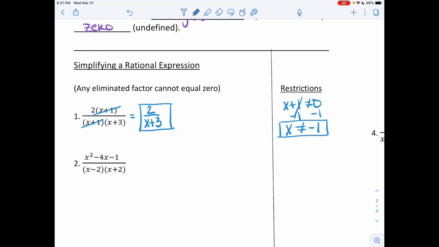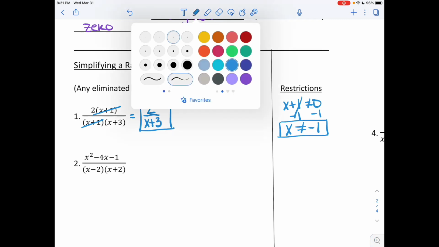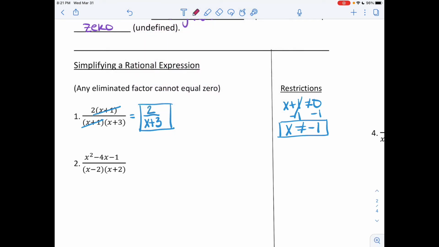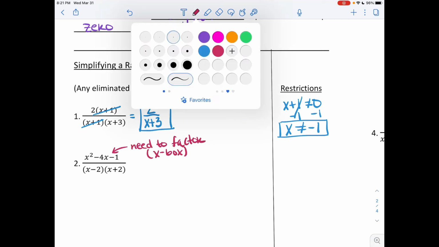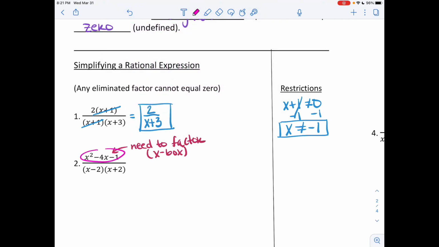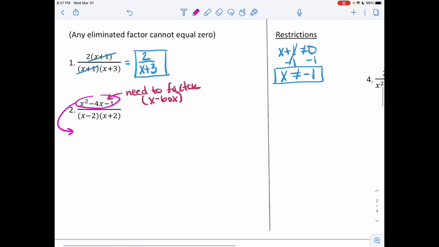Let's look at the next one. The bottom is already factored, but the top needs to be factored. And since that is a quadratic, we will use our x box. So let's go ahead and do that. I'm going to use pink to come down here and factor this. So everything that I'm doing right now is to factor this expression. Remember our x box.